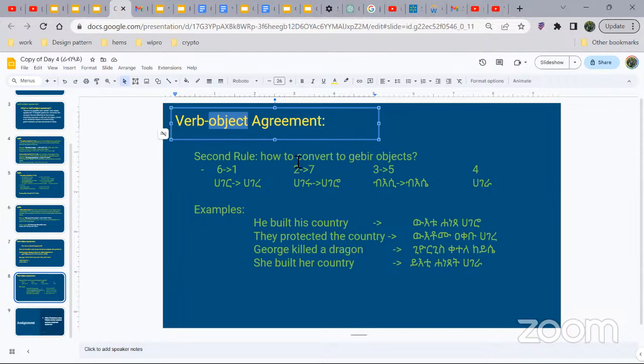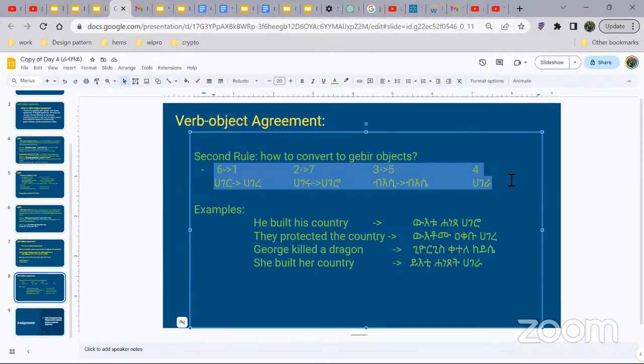If I have a transitive verb, I need to change the object from Tegabiro to Gabir. For example, ውእቱ ሃነፀ ሃገሩ would be wrong, because my verb ሃነፀ is transitive and my object is now indicating Tegabiro. Gabir objects are objects that end with a certain vowel, but this one ends with the second one.